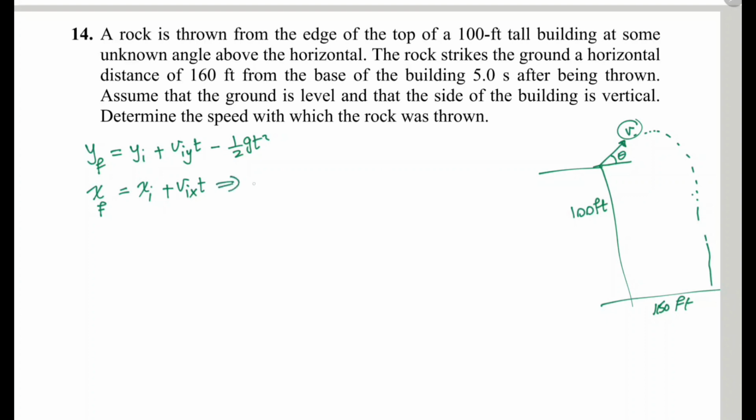In other words, 160 foot equals the initial x times 5, which equals 32 foot per second. And remember, you have to convert g equal to minus 32 foot per second squared.